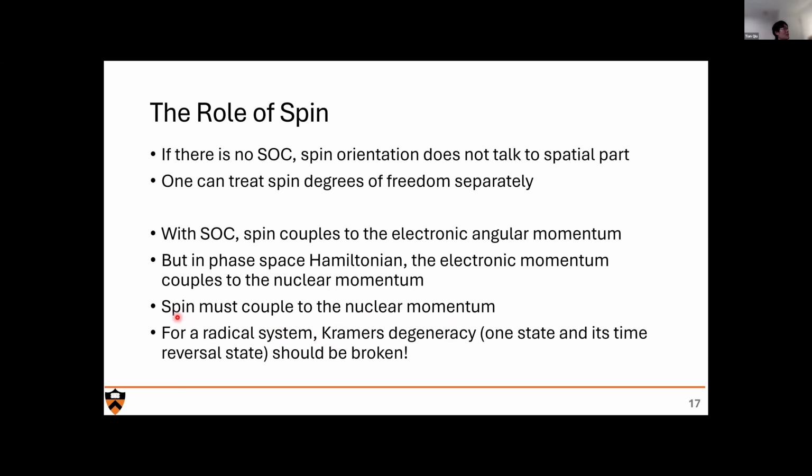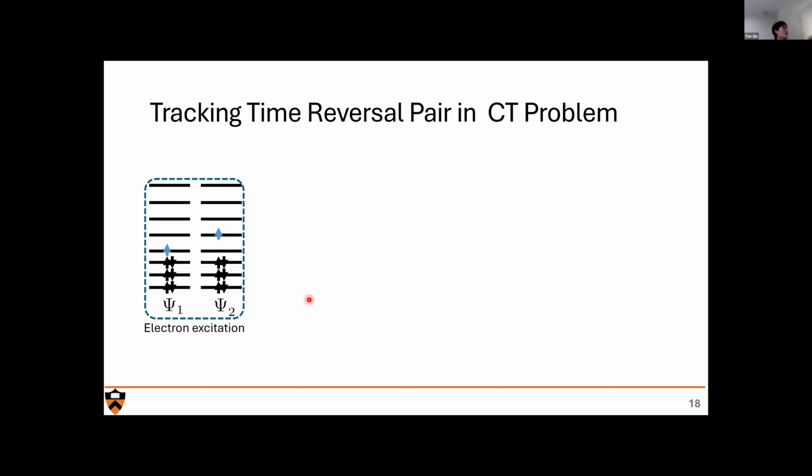But the statement here, that the spin would couple to the nuclear momentum and also that the electronic momentum would couple to the nuclear momentum, actually means that if the molecule is moving, it will break the Kramers degeneracy. And that's exactly the kind of physics that we are very interested in and want to look into, which means that we have to do a version update on the previous framework that we have developed.